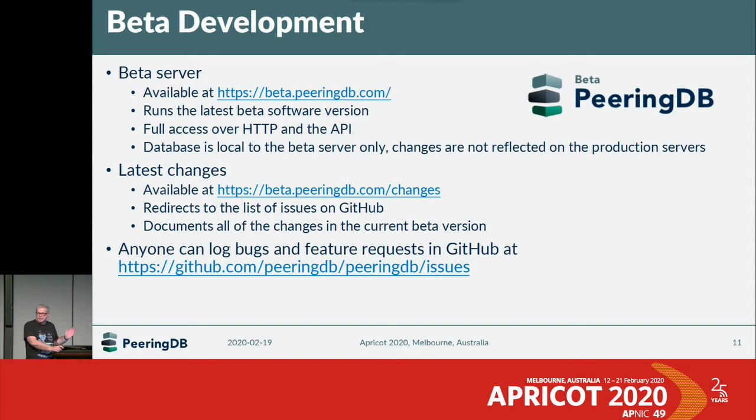And the beta server is both accessible via the graphical user interface as well as via the API. And to see the latest changes, you only have to get to beta.peeringdb.com/changes, and then you see all the issues which will be incorporated in the next release.